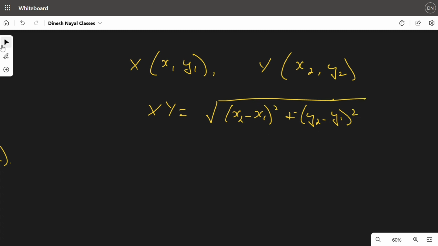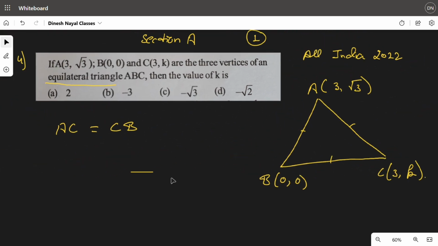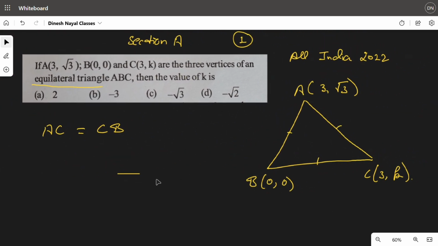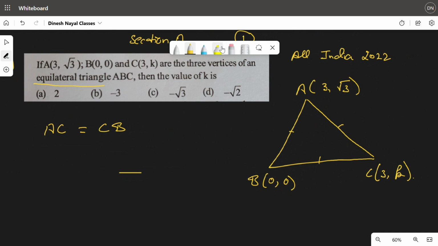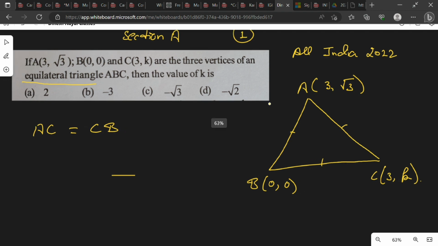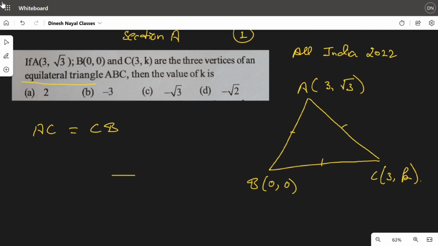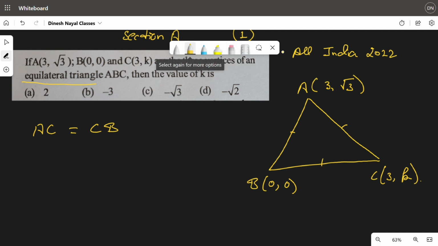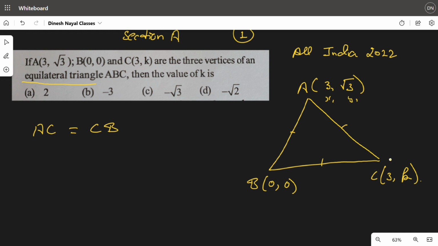So now using the same distance formula, AC equals CB. So what will be the AC? See, for the AC, consider this point as x1, y1, and this as x2, y2.